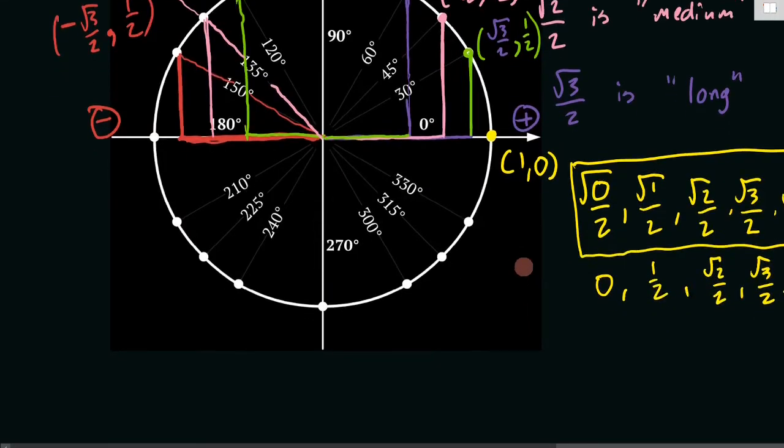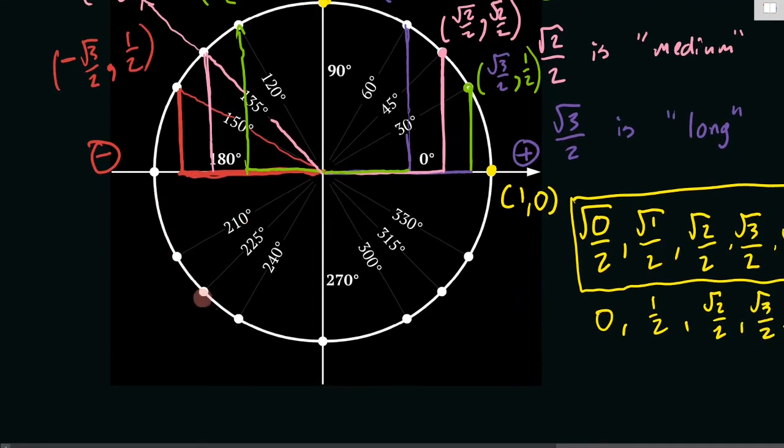And we can fill in all the points down here the same way. In this quadrant, we also have negative y values because they're going to be going down. So this point here is going to be negative wide, negative short.